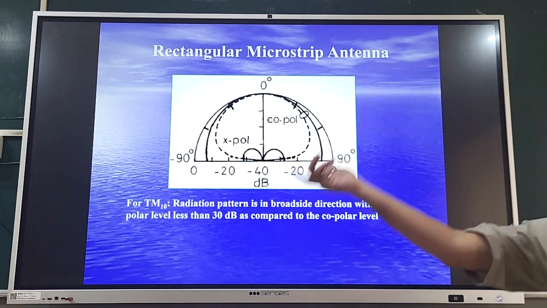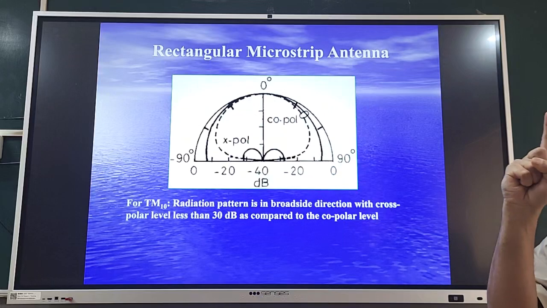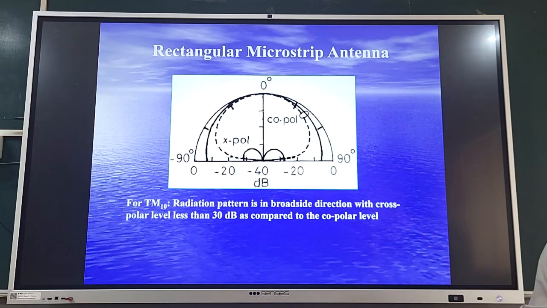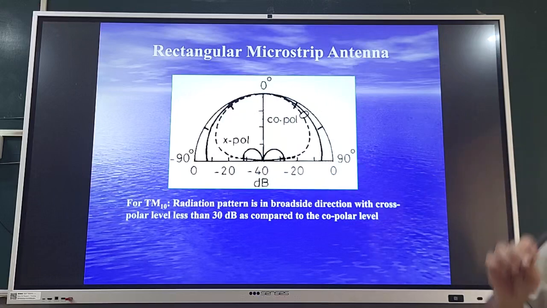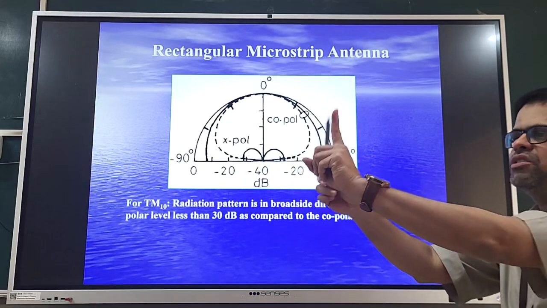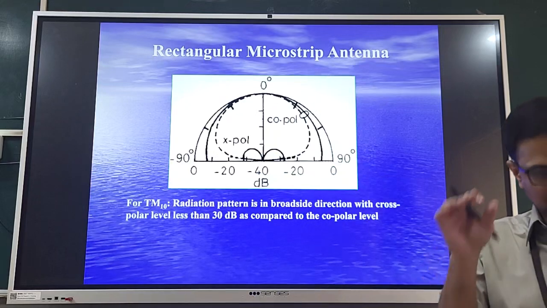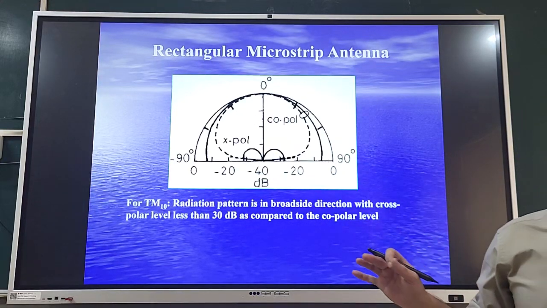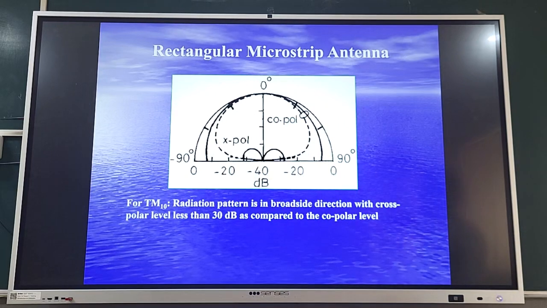But in the earlier application where I told you different polarization diversities are required, cross polar is an advantage because there is no interference of these two orthogonal waves. One which is directly coming will be picked up, the other will not be picked up.